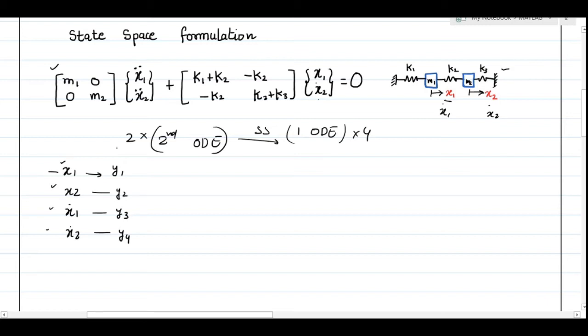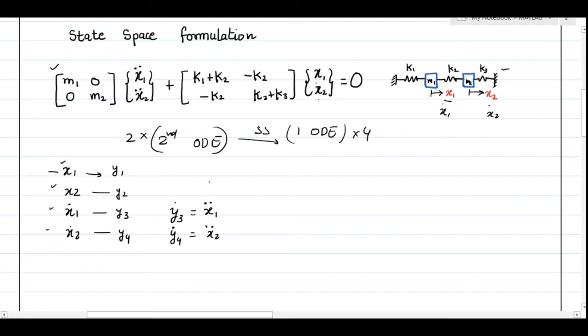Here we have to replace x1 double dot, x2 double dot as well as x1 and x2 using these state variables. How can we do that? If I write y3 dot, the y3 dot is going to replace x1 double dot, because y3 is x1 dot, so y3 dot will become x1 double dot. Similarly, y4 dot will become x2 double dot.